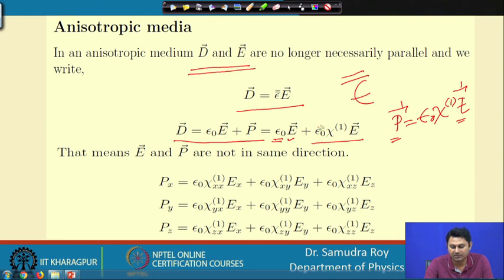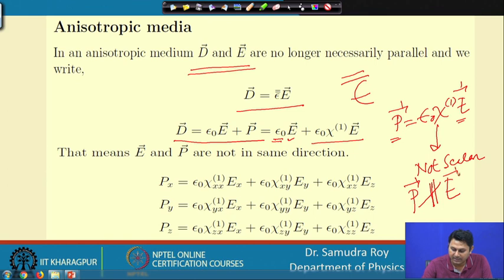This is scalar, but this is not scalar. If this quantity is not scalar, that means P and E are not in the same direction. So, they are not parallel to each other, which is very important.